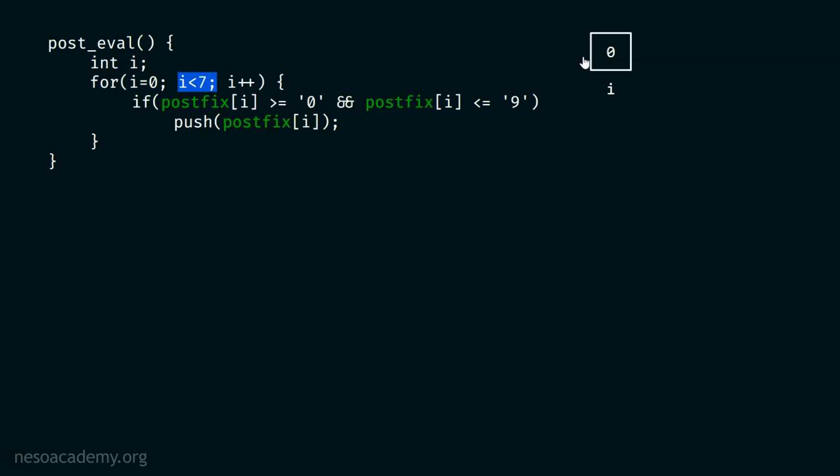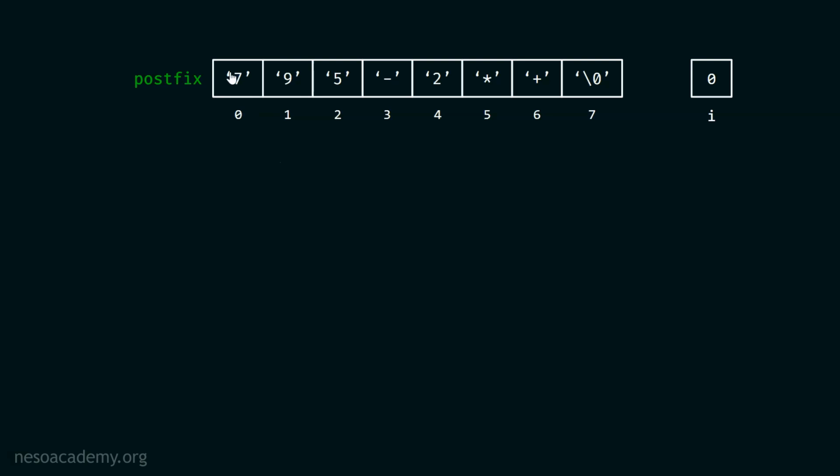And I is less than 7, therefore we'll get inside this for loop. If postfix of I is greater than or equal to character 0 and postfix of I is less than or equal to character 9, then we can continue, right? Let's see what is postfix of I. We know that postfix of 0 is this character 7. We are trying to compare this character 7 with character 0 and character 9.